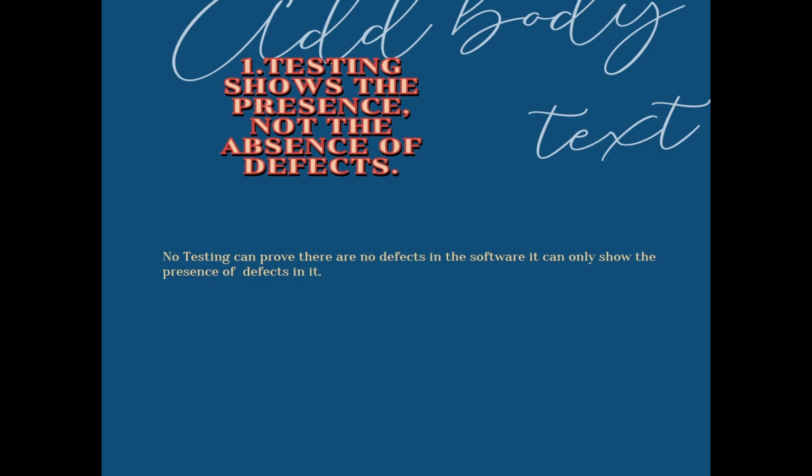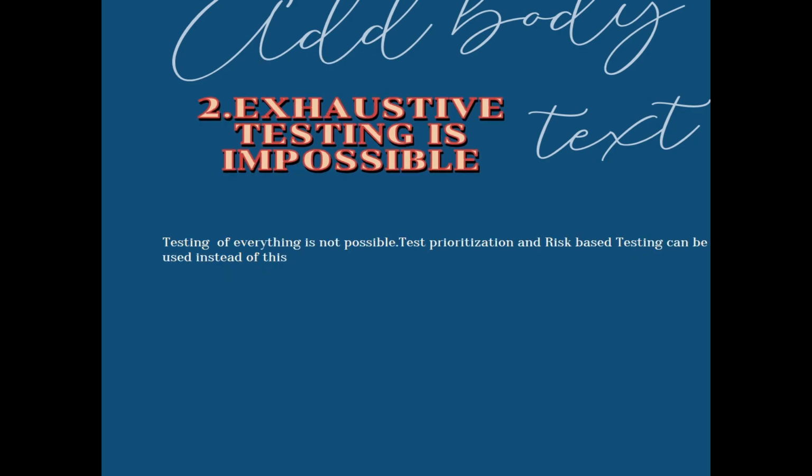Testing is the process by which we can find defects. So this is the principle: testing shows the presence, not the absence of defects. No testing can make the software 100% defect free.